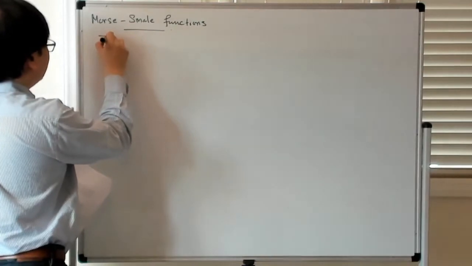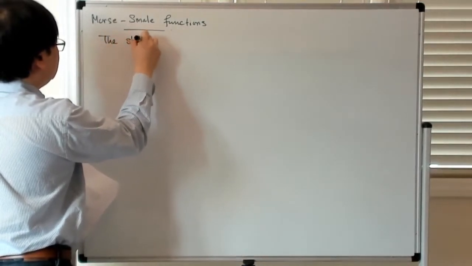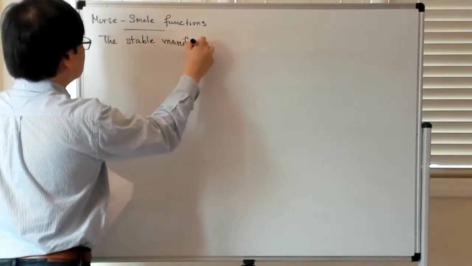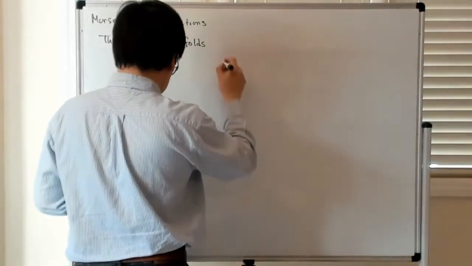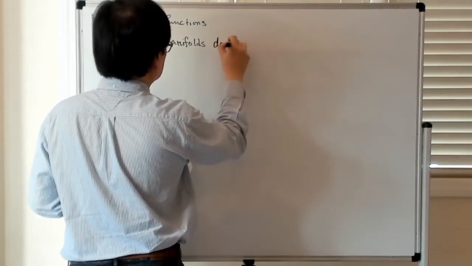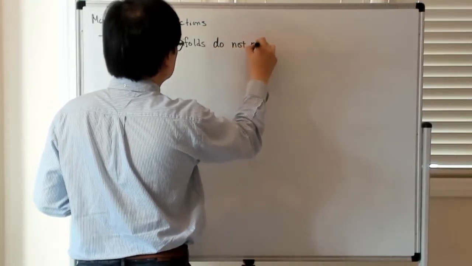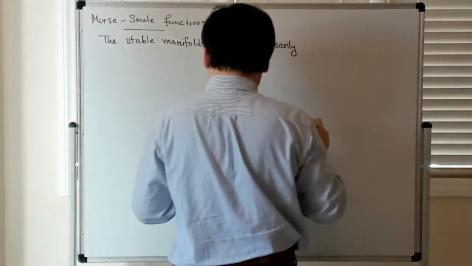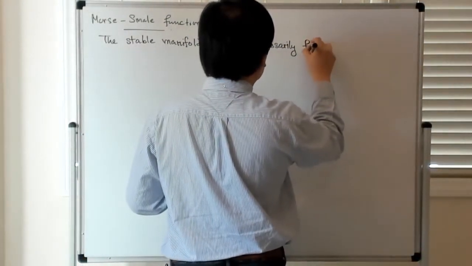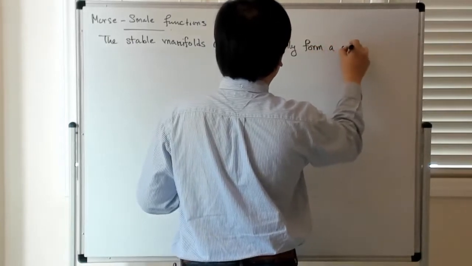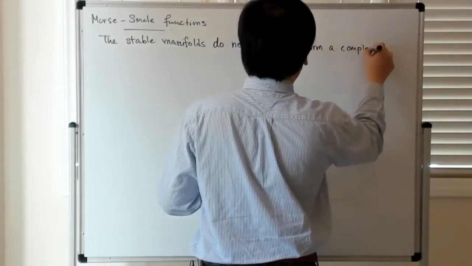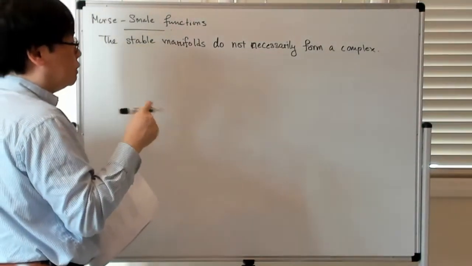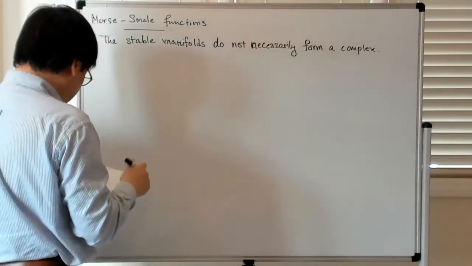Okay, so the stable manifolds do not necessarily form a complex. In particular, the property where it fails is the following.